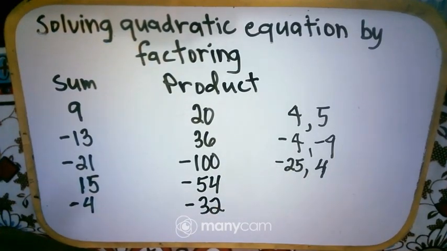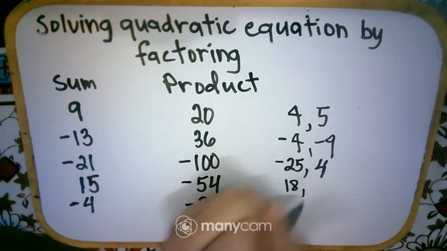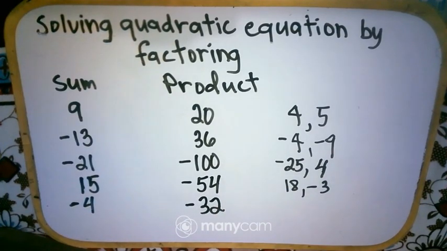Next, so we have 15 and negative 54. The answer here is positive 18, negative 3. Next is negative 4 and negative 32.